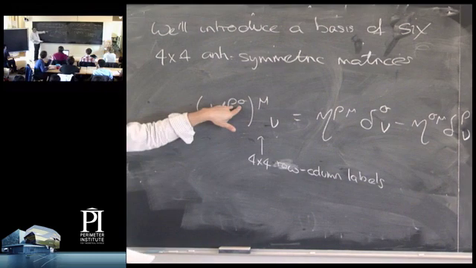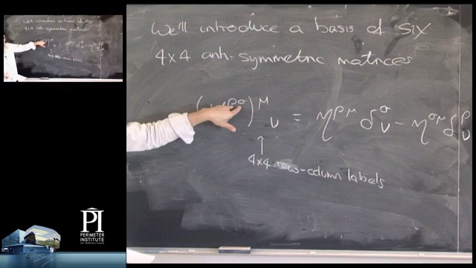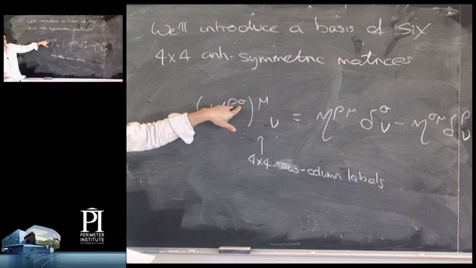Now this is a label that I could have written as, say, capital A that went from 1 to 6. So this is the label that's going to tell me which of the 6 matrices I've picked. But rather than have a capital A that goes from 1 to 6, I've chosen a rho and a sigma, each of which go from 1 to 4, actually 0 to 3.